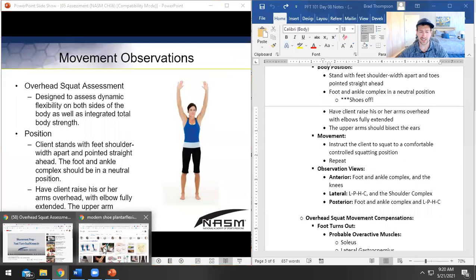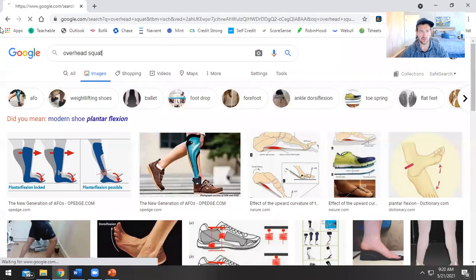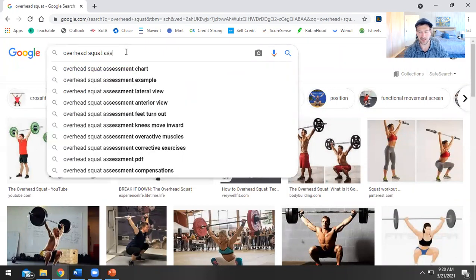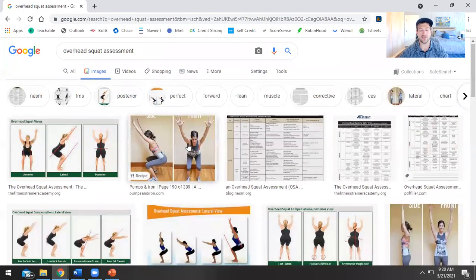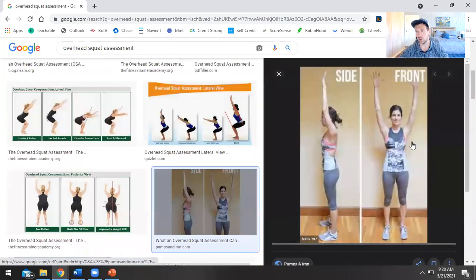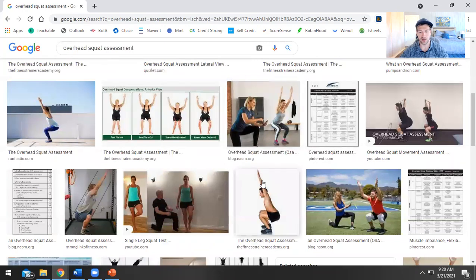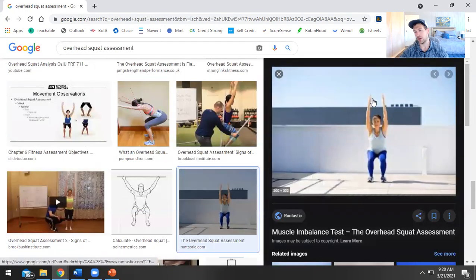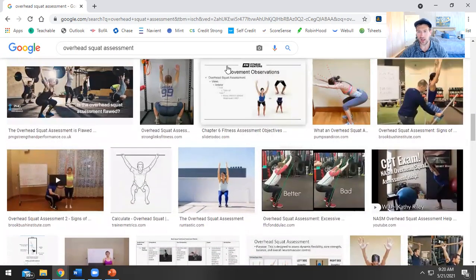Most of your clients, when you are doing the overhead squat assessment, not exercise, you can have your hands in a neutral position. There's nothing wrong with the palms forward thing, but you can also have your palms just in a neutral position like this. That's totally fine.